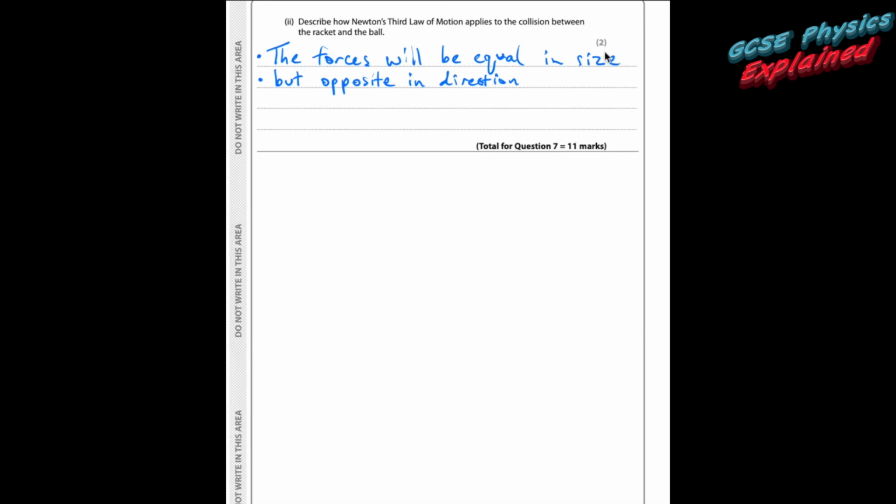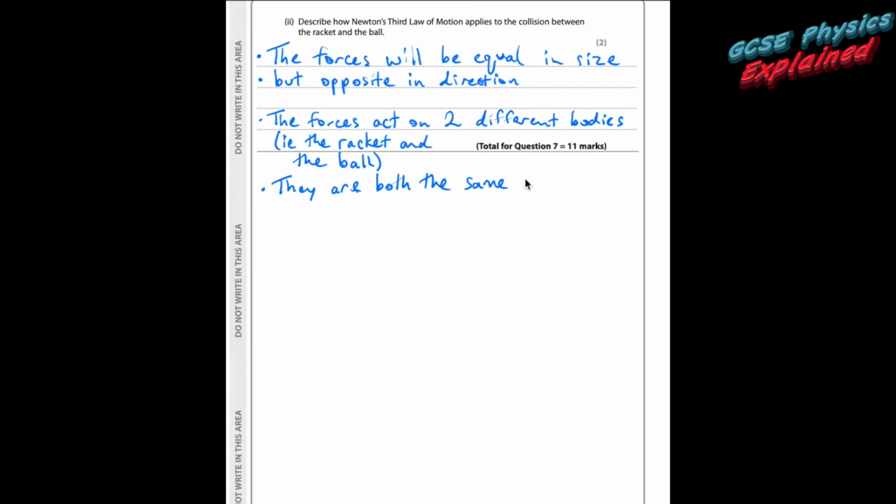If it was worth more than 2, you'd say the forces act on 2 different bodies, i.e. the racket and the ball, and you'd say that they are both the same type of force. So obviously the ball is putting a force on the racket and the racket is putting a force on the ball. The forces are equal in size but opposite in direction.